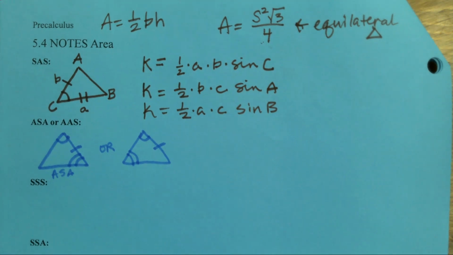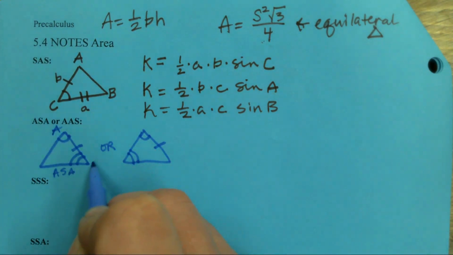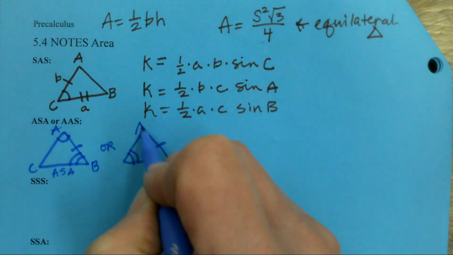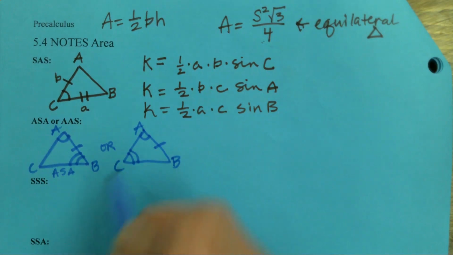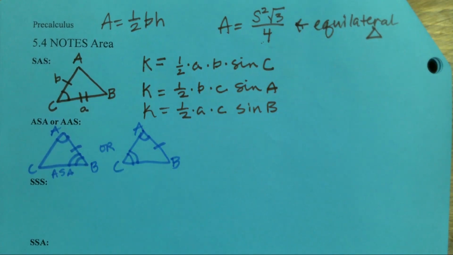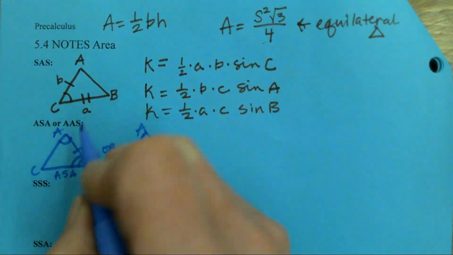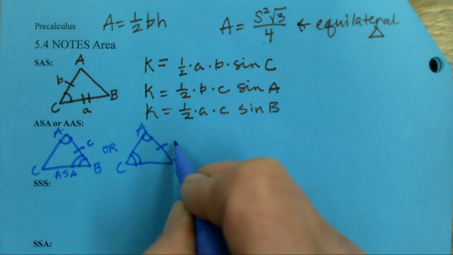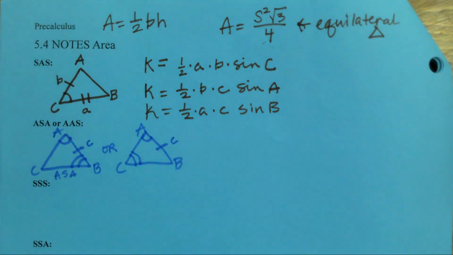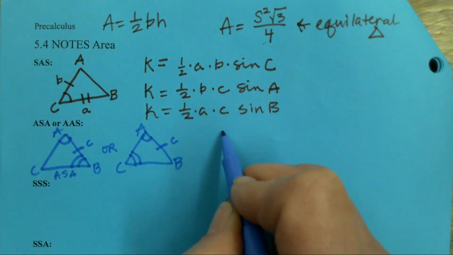Regardless, if I have A and I have B and I have C, in both cases actually, side C is the side that I know. My formula looks like this.